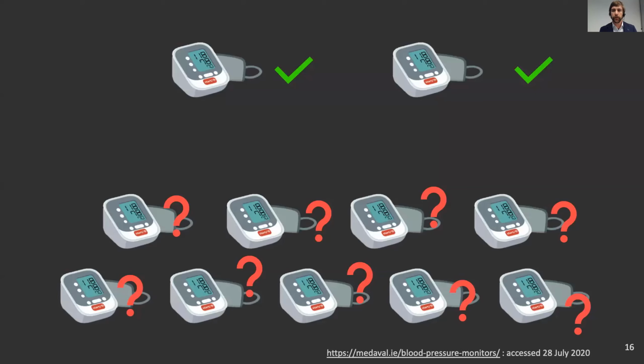For every 2 validated devices, there are 9 non-validated devices. So you can see that there's a huge number of non-validated devices in the market. Next slide, please.